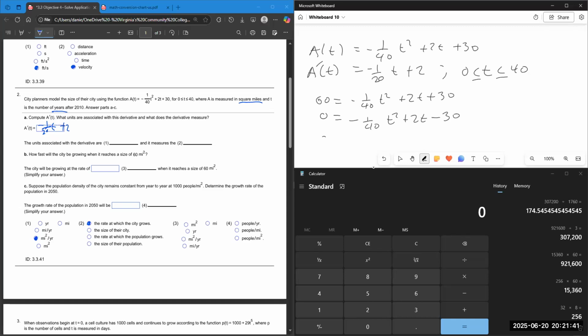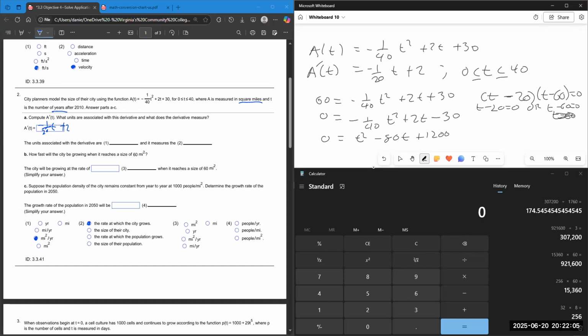Let's multiply everything by -40. T squared minus 80t plus 1200 factors as t minus 20 and t minus 60. T minus 20 equals 0, or t minus 60 equals 0.